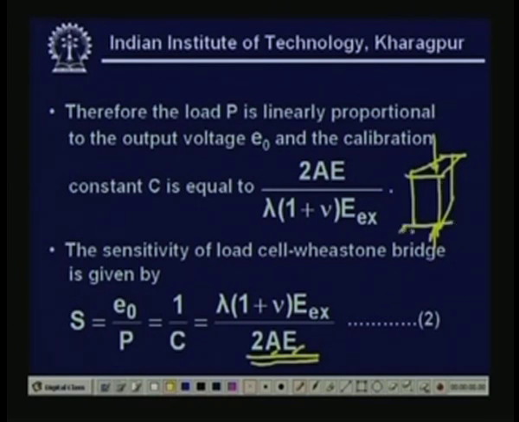Usually you fix this point and give a force on this side. The load cell should not take a shape like this, as that will create problems. So, it should not buckle. If you decrease A and E, there is a chance of such deformations, which will make all our equations no longer valid in that type of situation.